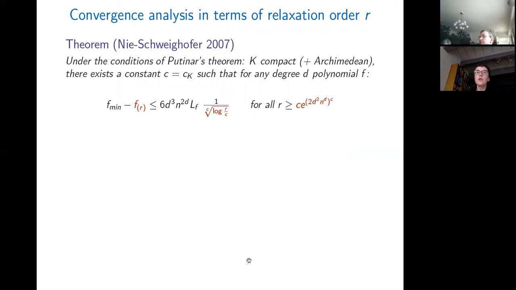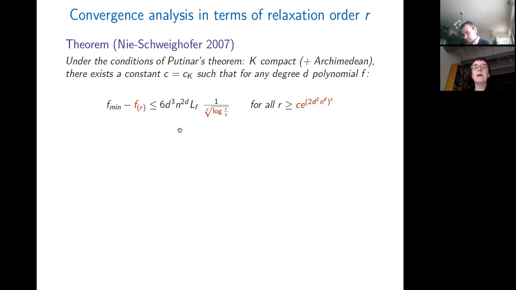So I've just recalled how this hierarchy of lower bounds is built for finding the minimum. We have bounds that converge to the minimum of F. And the next natural question is to understand how fast F_R tends to the minimum. Can we bound the difference F min minus the bound in terms of R?